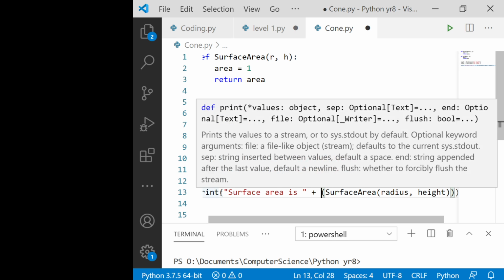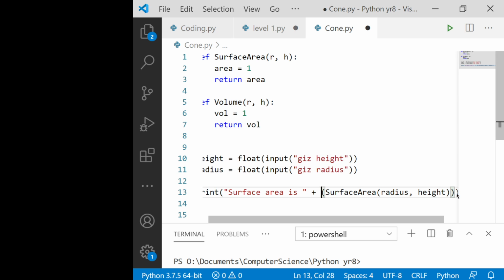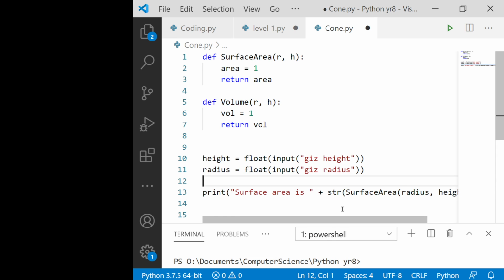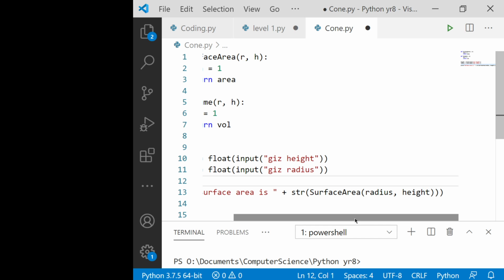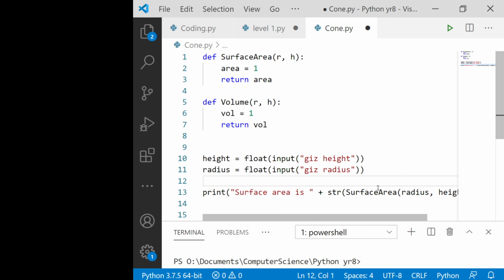So I've got a bracket for the print, which is the closing bracket. I've got a bracket round all this, where I put the string. And then I've got a bracket for the parameters for the surface area bit. Okay, so lots of brackets there to match up. There should always be the same number opening and closing.